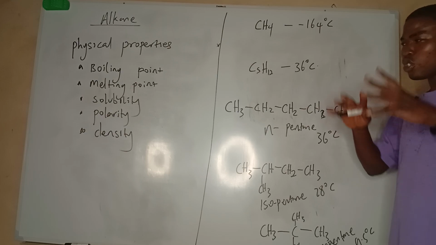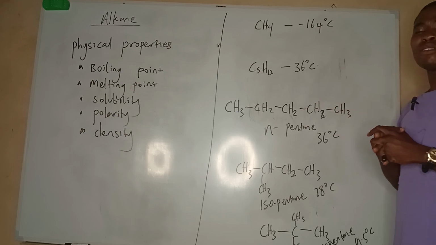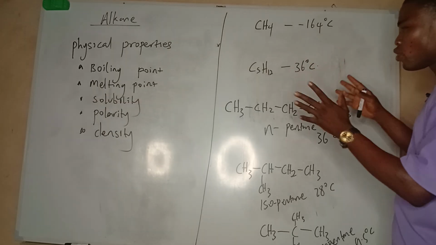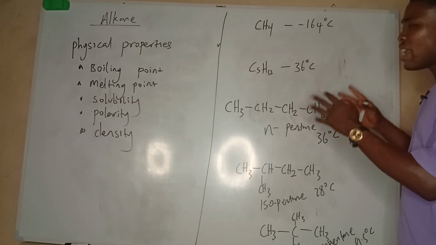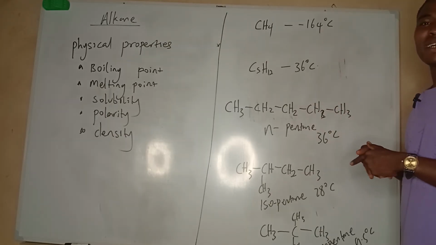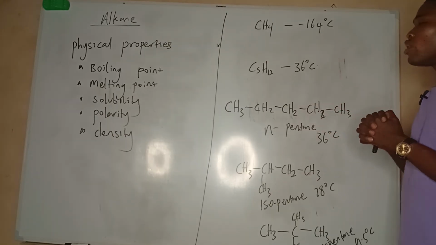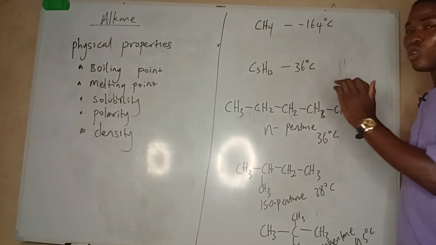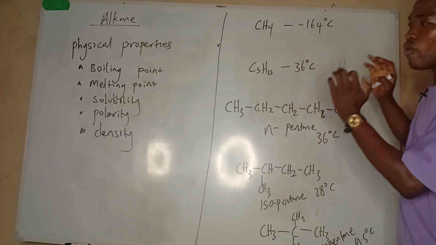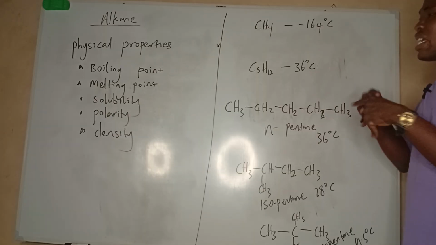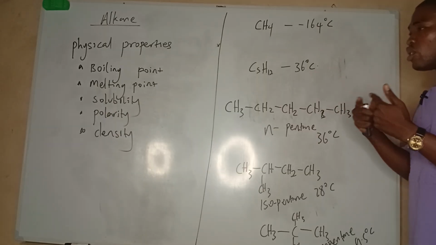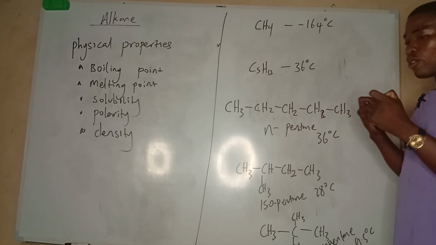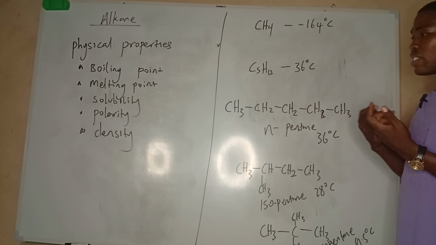This van der Waals force can cause strain in the molecule, which takes us to conformation: staggered conformation, eclipsed conformation, and anti conformation. Those will be treated in a subsequent video on conformation of alkanes.